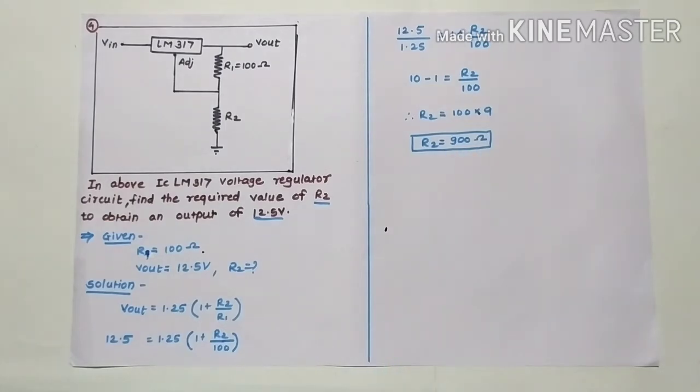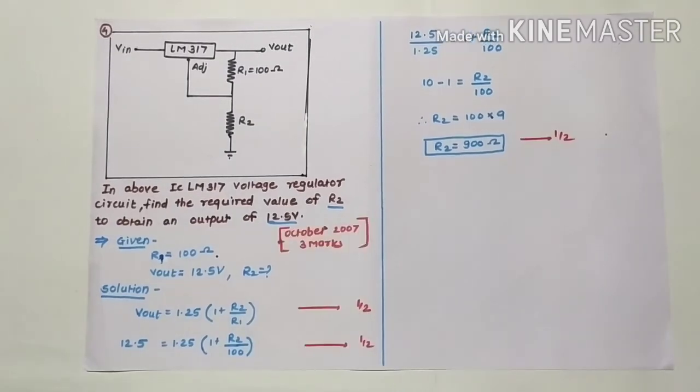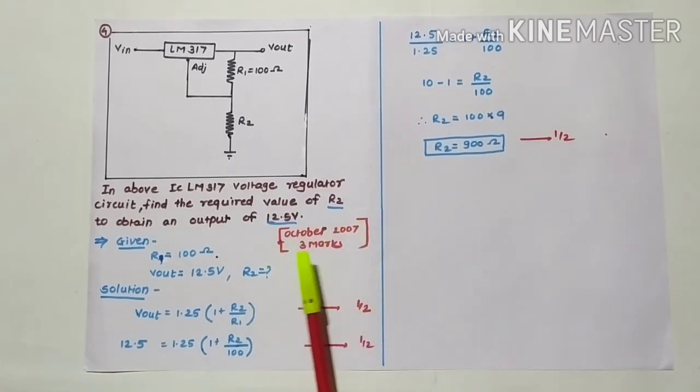Is that clear, students? So in this way, this is a very simple problem, but you have to remember this formula. This problem was asked in the board exam October 2007 for 3 marks.